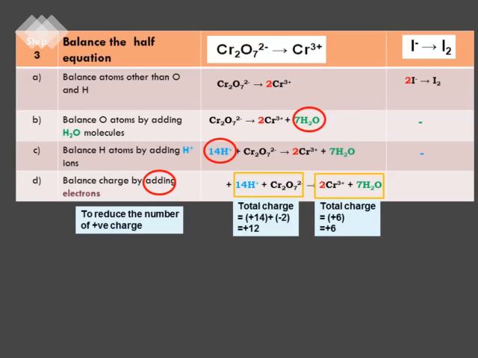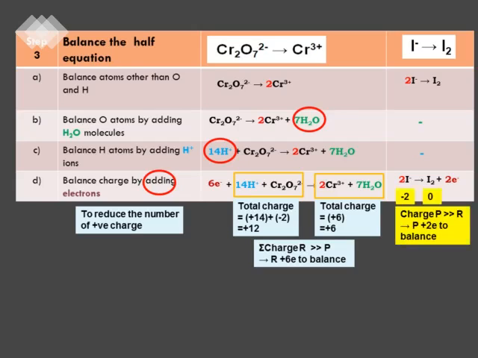The charge of the reactants is positive 12 and needs to be reduced to positive 6 by adding 6 electrons. The same goes for the half equation of the iodine, where 2 electrons should be added to the product to balance the charge on both sides.